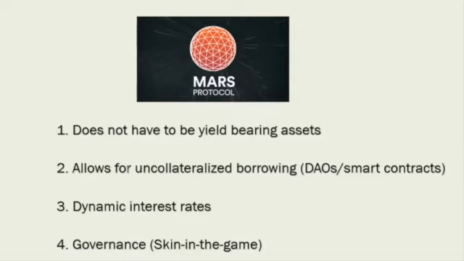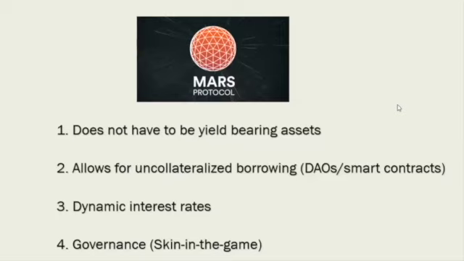And the second is that it allows for uncollateralized borrowing. This is more for DAOs or company smart contracts, not so much for retail. Anchor doesn't allow you to borrow money without putting in collateral. You can only borrow money if you are a depositor. So a borrower must first be a depositor.